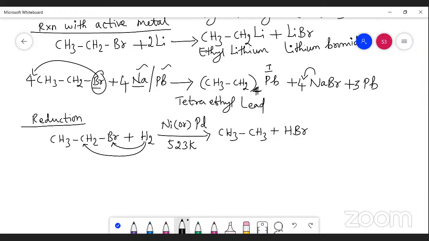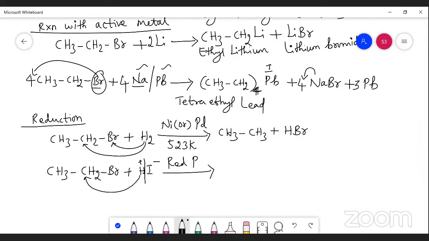And one more reduction process we can write by using hydrogen iodide. CH3CH2Br, ethyl bromide, reduction by using hydrogen iodide in the presence of red phosphorus. We know this is complete reduction. Now what happened? This H plus and I minus: this H will be added here, and this Br will be removed.